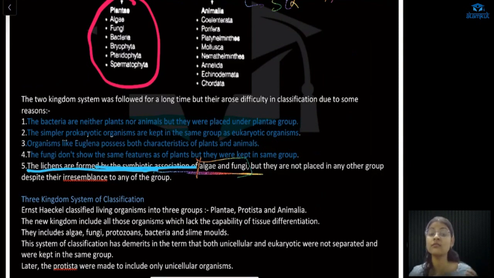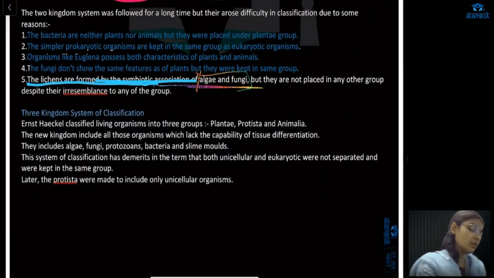And viruses are neither living nor non-living, so they were placed along with the Plantae group. So many things have been abruptly placed in this two kingdom system of classification. That is why it was discarded, but after a very long period of time, as the scientists studied them, then came the three kingdom system of classification.